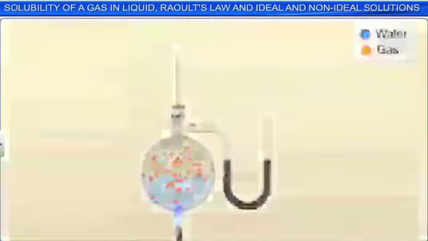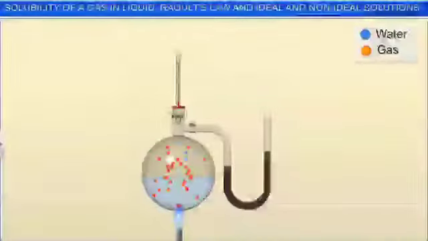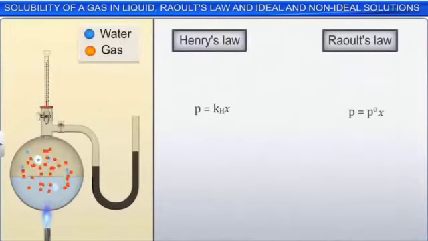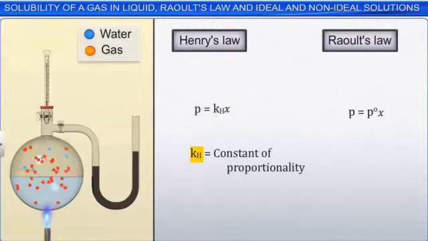Now, if one of the components in the binary solution is highly volatile, such that it exists as a gas, then, as you know, its solubility is given by Henry's law, P is equal to KH X. As can be seen from the equation, the partial pressure P of the highly volatile component or gas is directly proportional to the mole fraction X, and KH is the constant of proportionality, which can be equated to P naught.